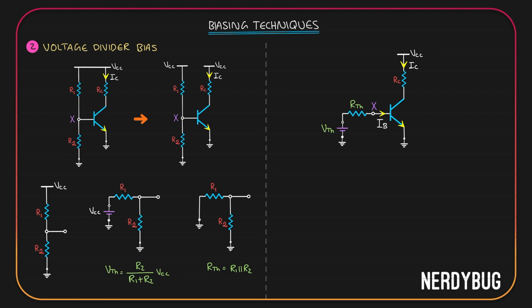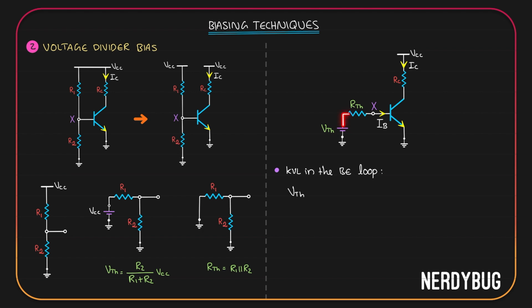Let us apply KVL in this loop. We have the base and emitter, so this is the base emitter loop. I'll start from this point and go clockwise. I can see VTH from negative to positive.